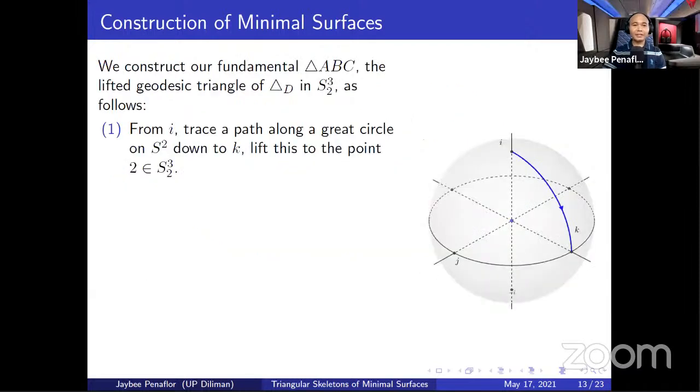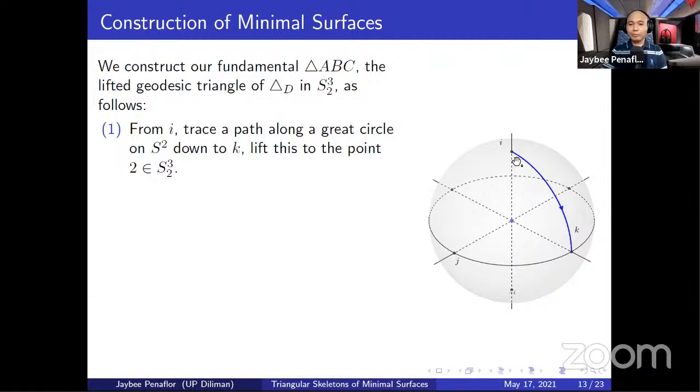All right. So now let's move on to the construction procedure. We will call a triangle in S^3_2 a fundamental triangle. It will be the basis of our triangular skeleton. Our fundamental triangle, which we'll call triangle ABC, is lifted from triangle D in S^3_2. We do it as follows.